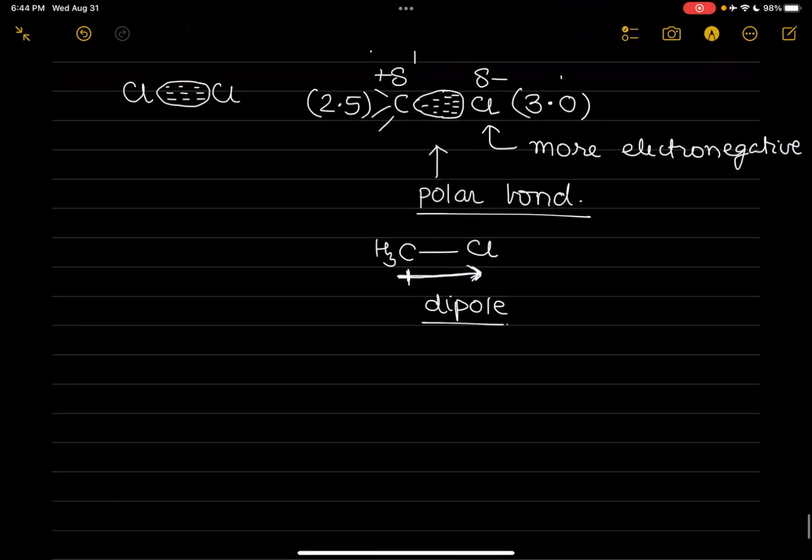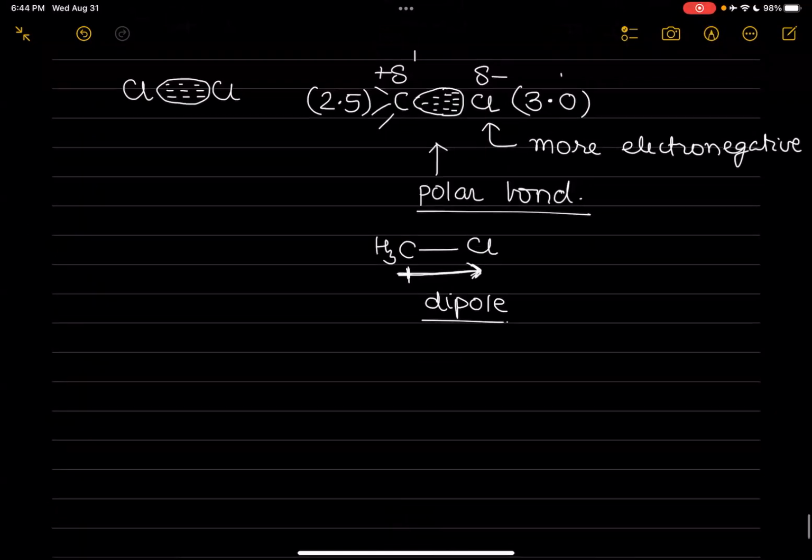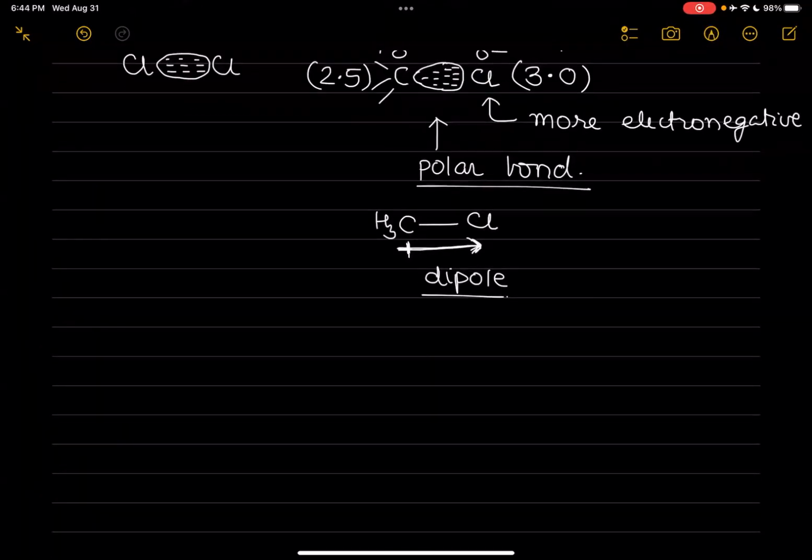So suppose you take two molecules, what type of attraction will they have?